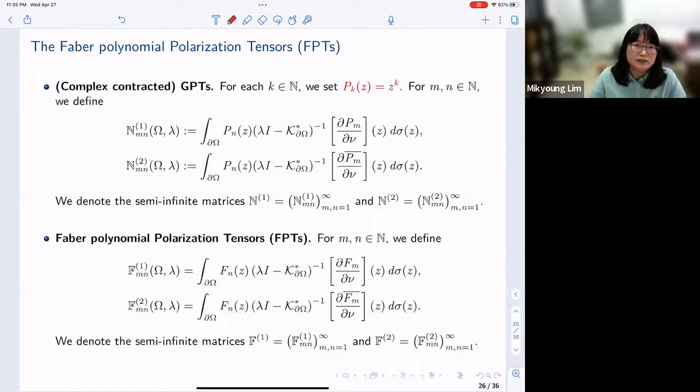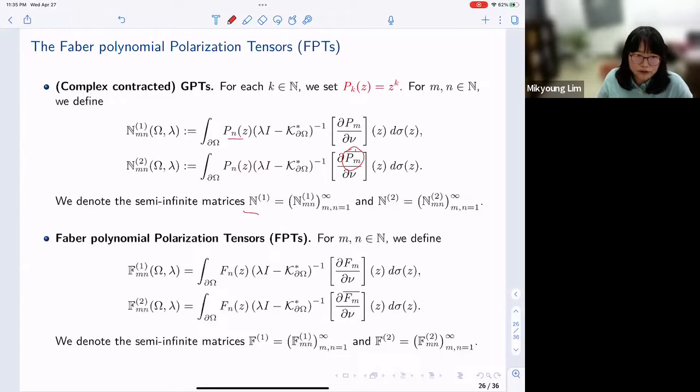By definition, the GPT N is a boundary integral with complex polynomial z to the n times lambda identity minus K star inverse and the derivative of Pm. For the second type of GPT, we take the conjugate, and also define infinite matrices N1 and N2.